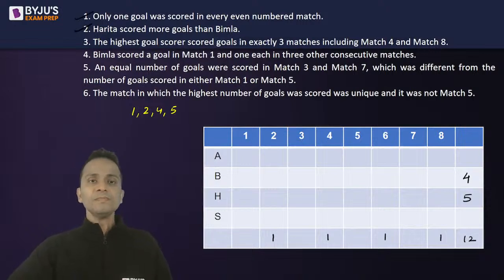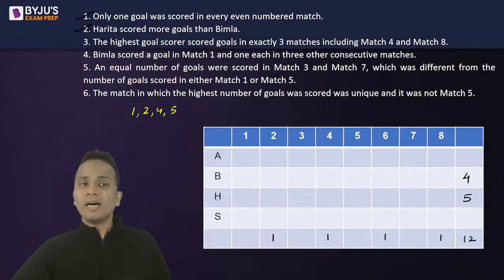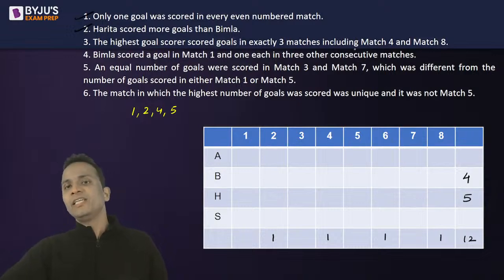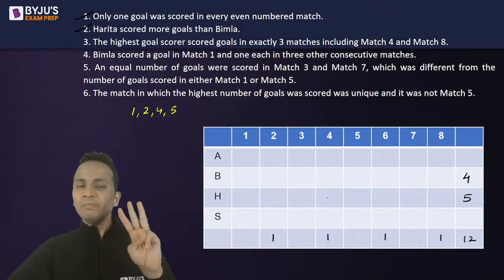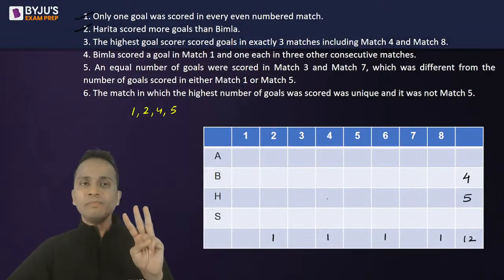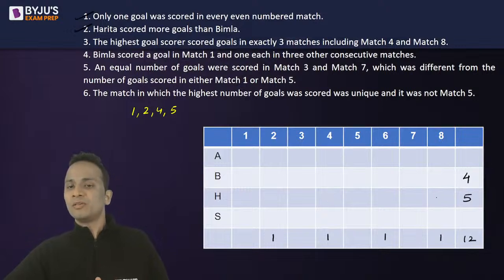Clear? Now statement number 3. The highest goal scorer. Who is the highest goal scorer? Harita. The highest goal scorer scored goals in exactly 3 matches, including match number 4 and match number 8. So the highest goal scorer has scored goals in 3 matches, and out of these 3 matches, one is match number 4 and another is match number 8.